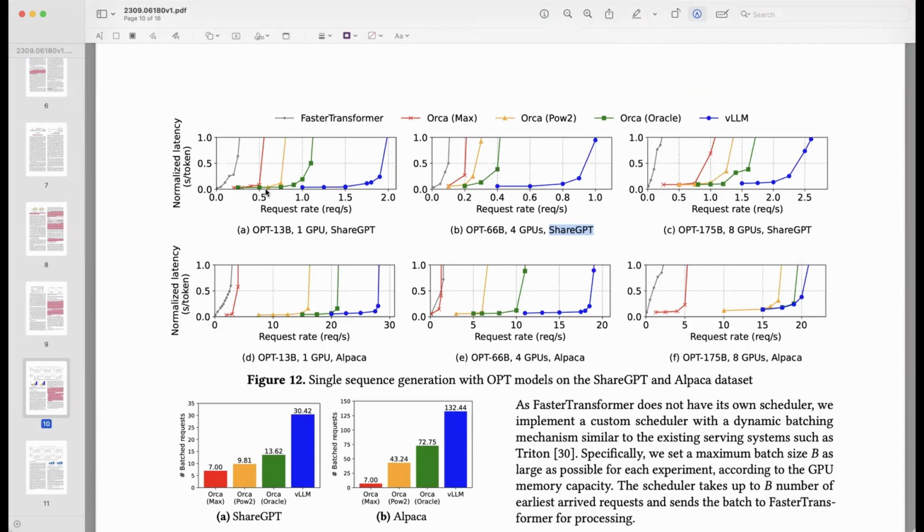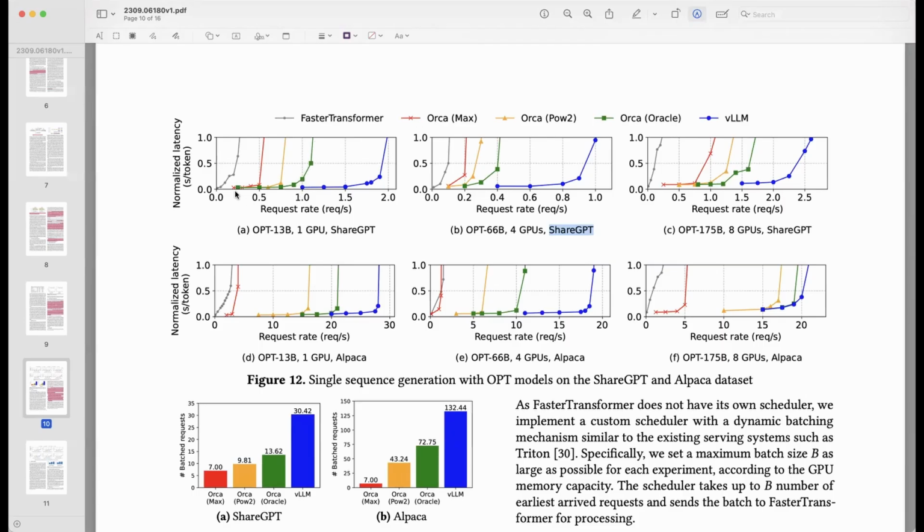As you increase the number of requests per second, you're going to utilize more and more memory. So the requests would have to wait to get enough memory because the memory management is not efficient in Orca Oracle. It has a lot of external fragmentation. So it would have to wait for sufficient memory to be available for it to schedule itself, so the latency would increase.